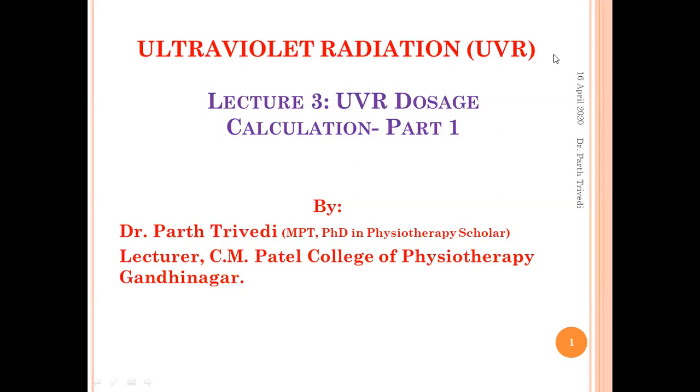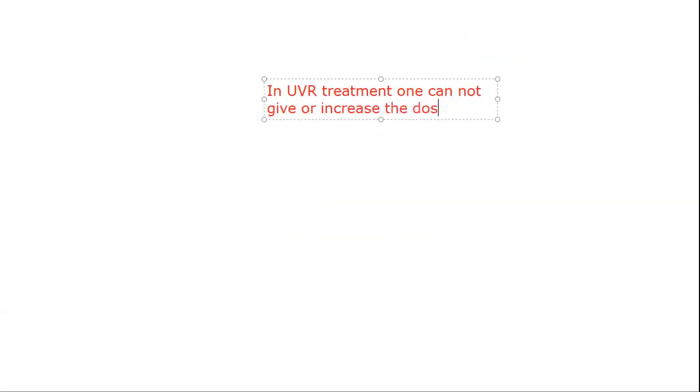So we have already understood in our previous two lectures how we can therapeutically produce ultraviolet rays. Now, the basic difference between ultraviolet and any other therapeutic modality is that in UVR treatment, one cannot give or increase the dosage without any predetermined value.